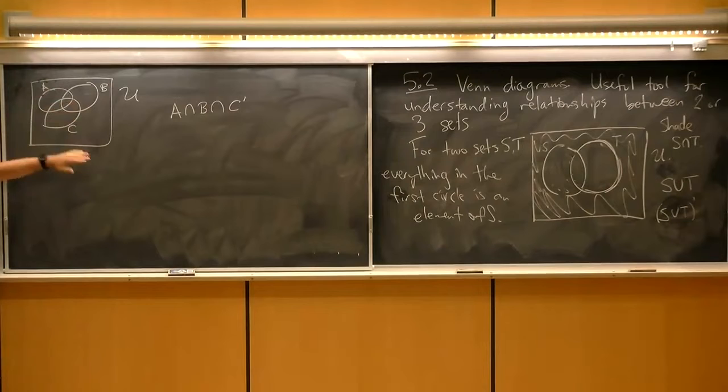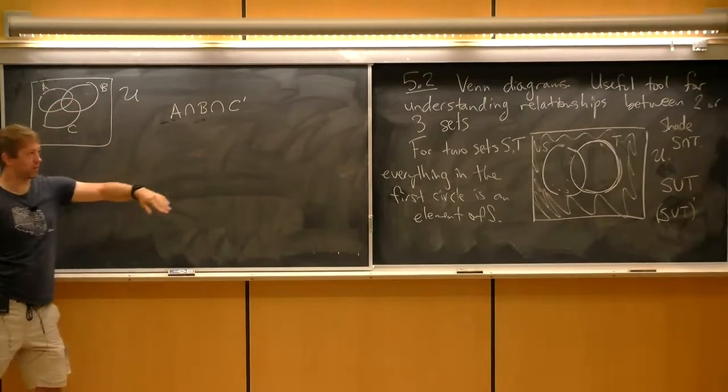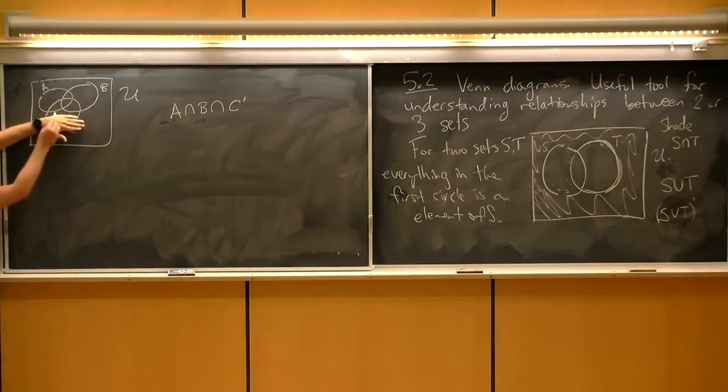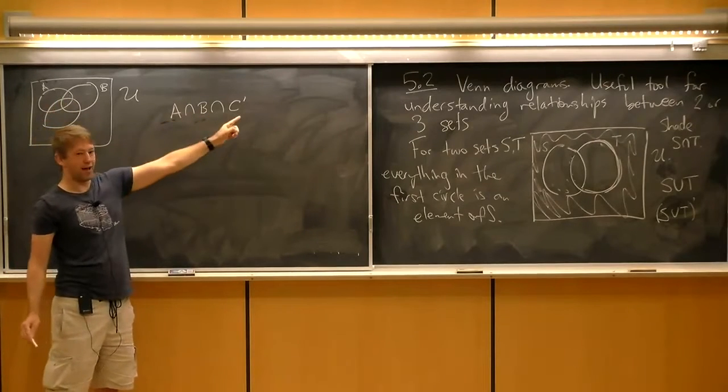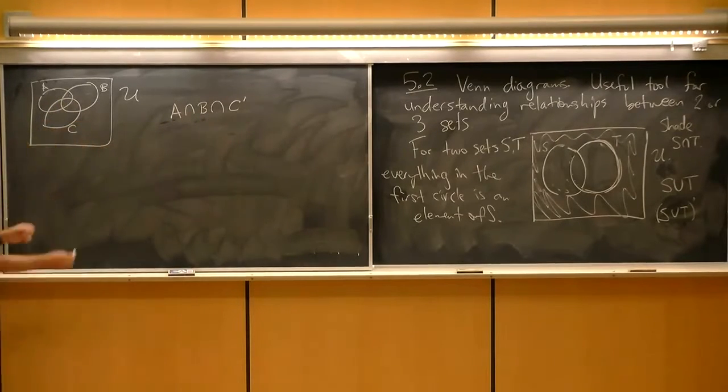If you're just looking at A intersect B, it's similar to the previous picture. You ignore C, it'd be these two regions. But then we're talking about the things that are in A and B and not in C. So this center region should not count. So it would just be like this. So it's all the things in A and in B and not in C.